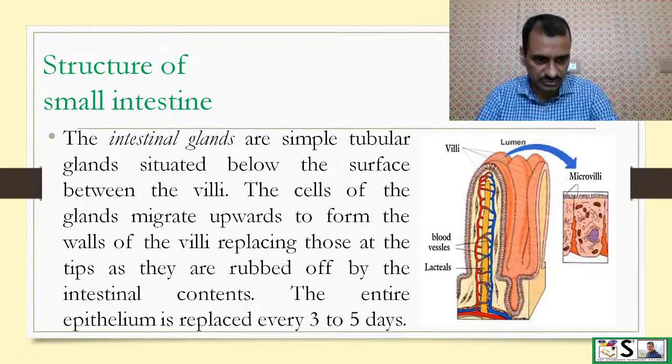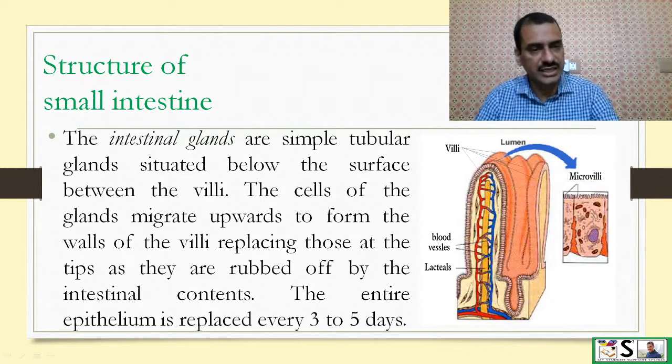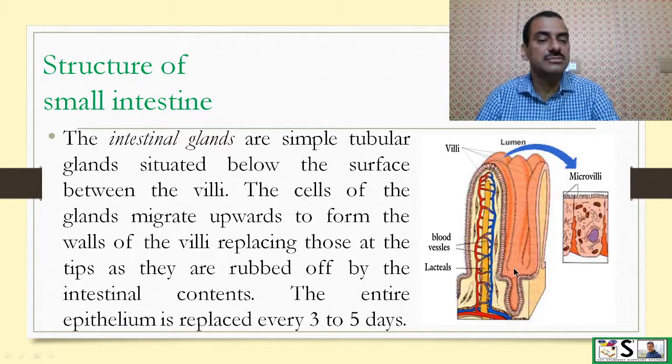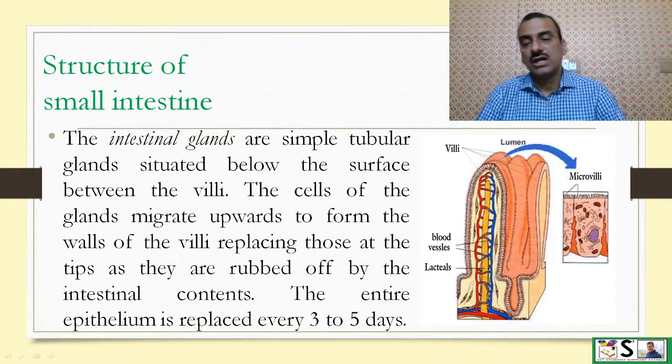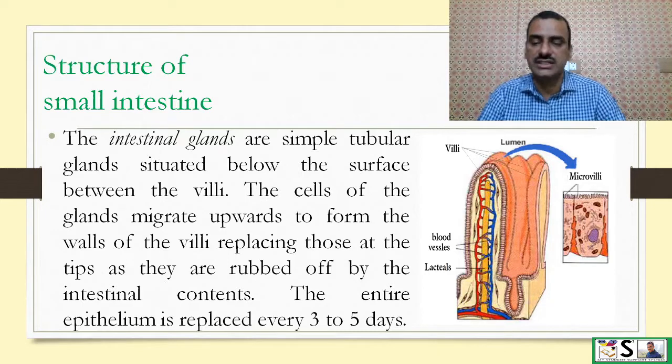They start from here, secrete juices, and then they move upwards, and finally when they reach the tip they are shed off because of wear and tear, and new cells come from below. The entire epithelium is replaced in small intestine every 3 to 5 days.